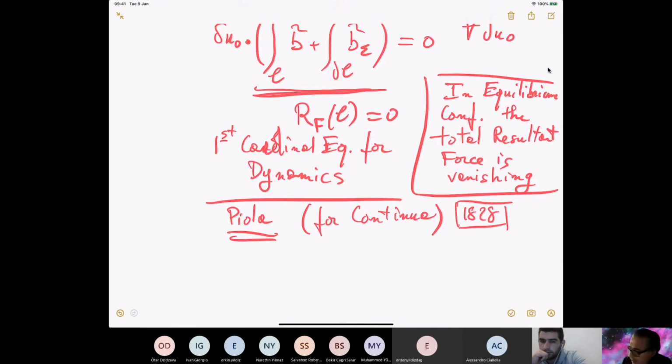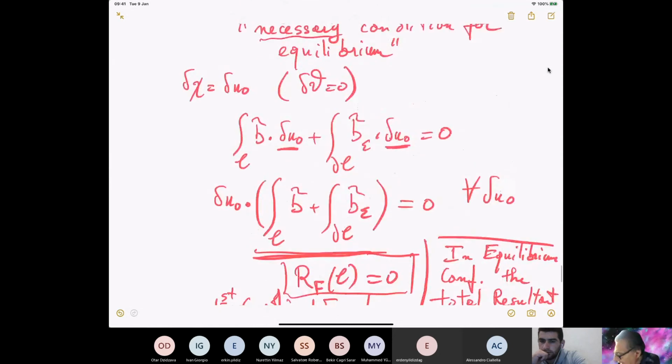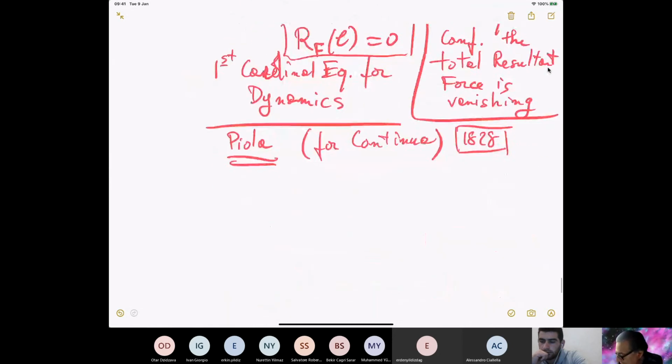Of course, Euler wrote this for beams, for rigid bodies. So Piola stated it for continua, exactly following the reasoning which I developed up to now.